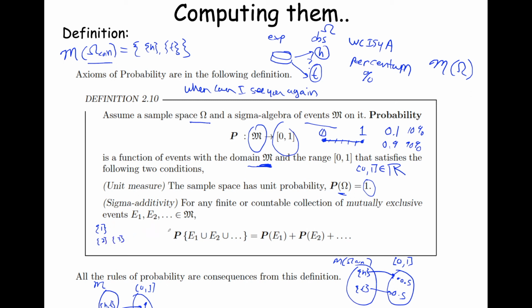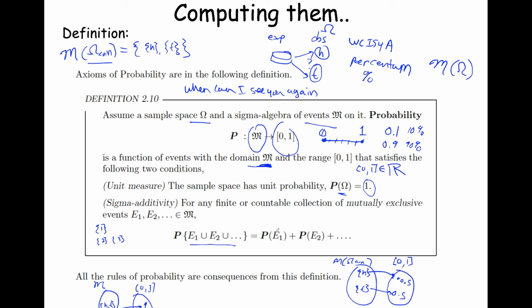The evens are mutually exclusive with the odds. So what does this say? It says if you want the probability of the complex event achieved by the union of disjoint or mutually exclusive simpler events, that's equal to the sum of the probabilities of the individual events.